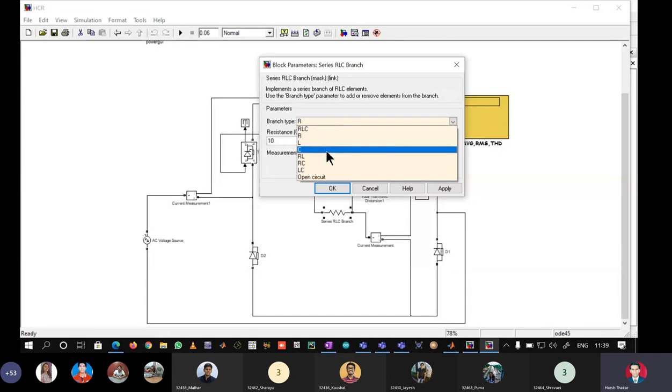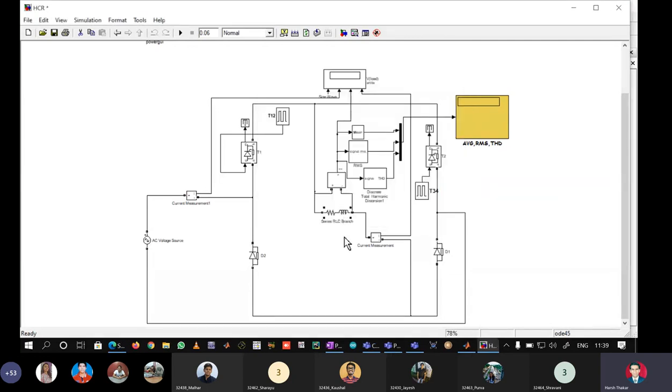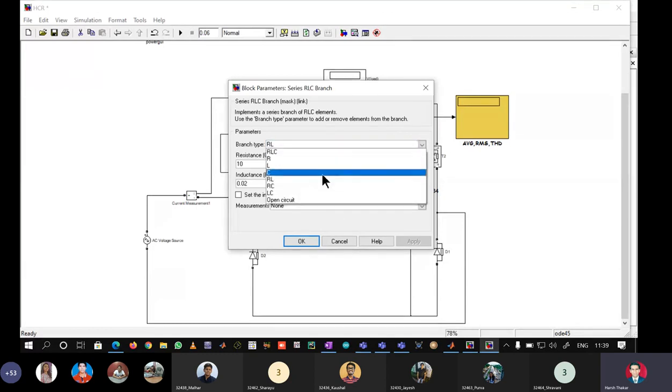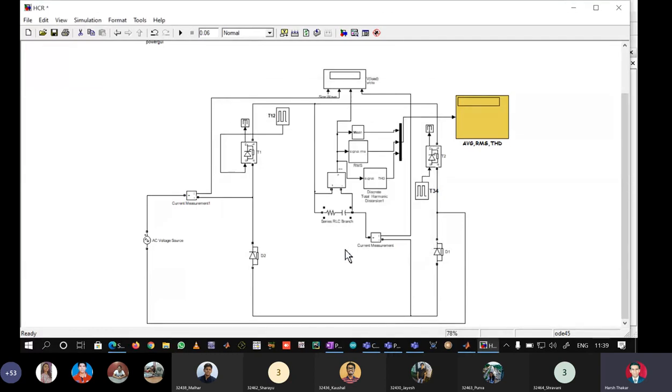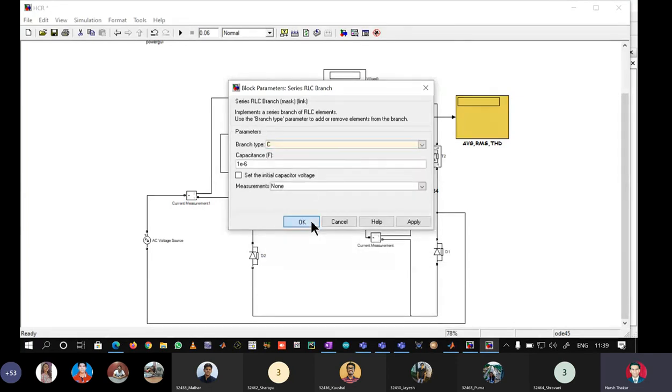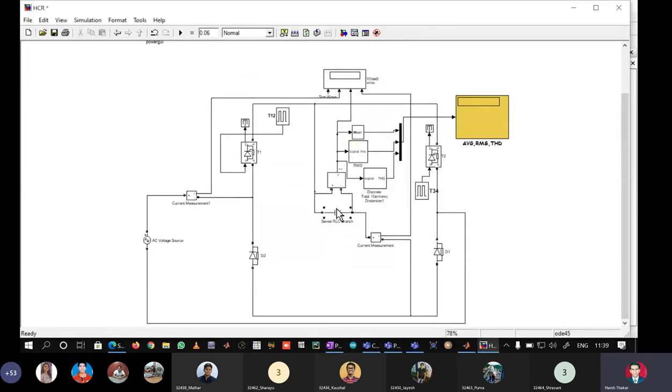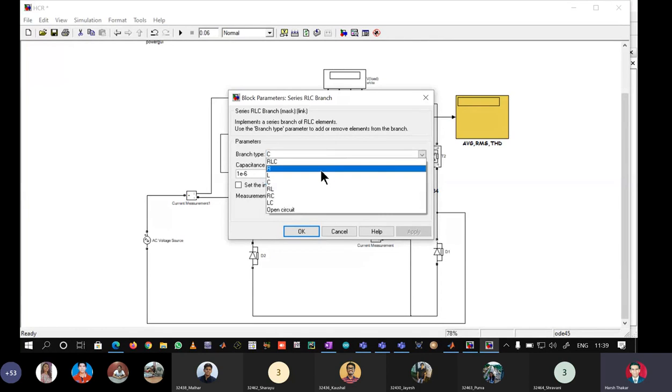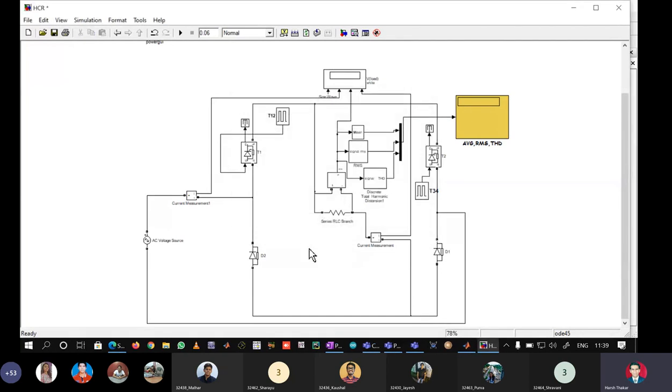If I select RL, it will show like this. If I say RC, it will become like this. If I say it is C, it will become a pure capacitor symbol. So let me make it R again. It's R with a value of 10 ohms.